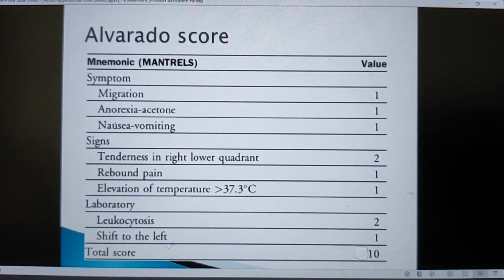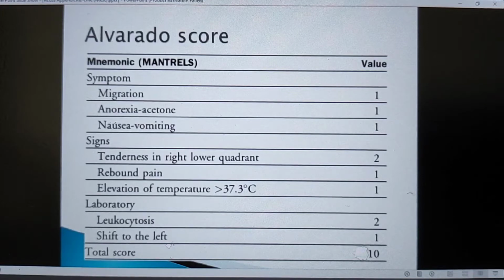Alvarado scoring helps us identify the possibility of the patient having appendicitis. The mnemonic is MANTRELS, which is the respective scoring. Symptoms include migration of the pain, anorexia, nausea or vomiting.